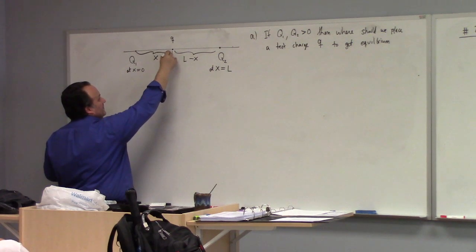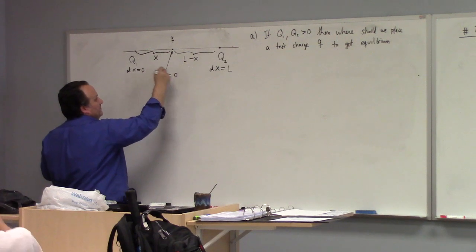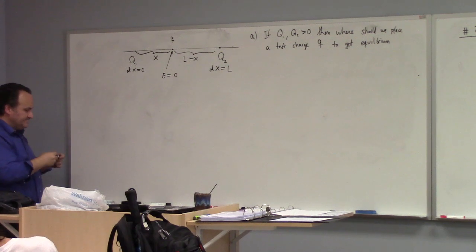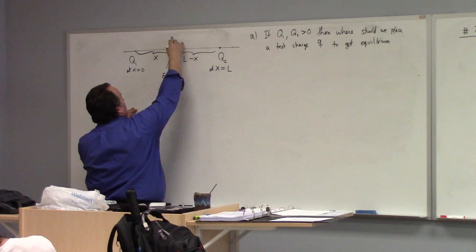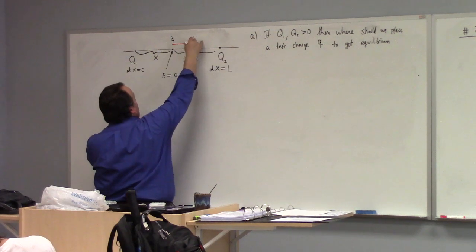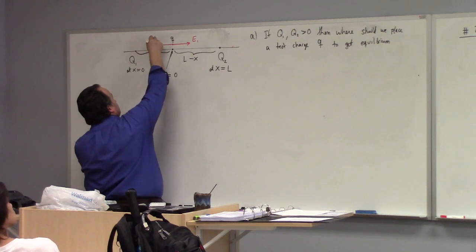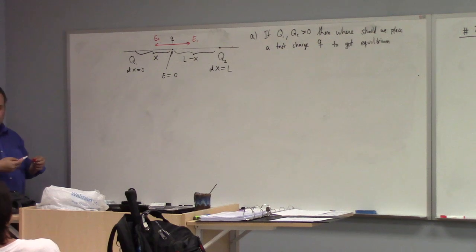At this point right here, we know that the electric field is 0. We draw a picture. The electric field from 1 is going like this, and the electric field from 2 is going like that. I'll let that picture guide my equation.